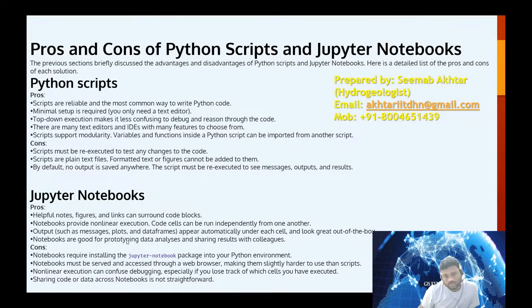And we will also be working on Jupyter Notebook for GIS work. The cons: a script must be re-executed to test any change to the code, and scripts are plain text, not formatted text, which we have seen in the previous slides.